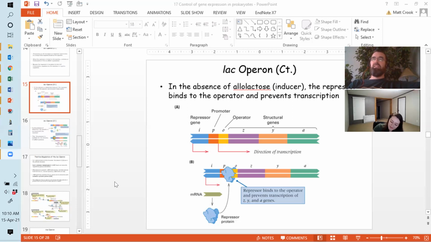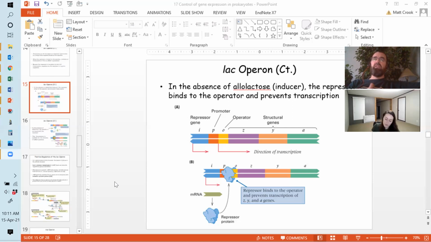So, question to make you think. If the trp operon is repressible and it produces tryptophan, what do you think will need to bind to the repressor to allow it to turn off the trp operon? So the trp operon produces tryptophan, essentially, or the products of it do.